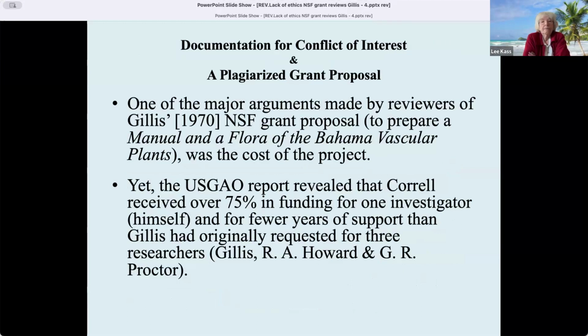Yet, the USGAO report revealed that Correll received over 75% in funding for one investigator, himself, and for fewer years of support than Gillis had originally requested for 3 researchers: himself, Dr. Howard, and Dr. Proctor of the Institute of Research in Jamaica, who was also researching the flora of the Bahamas.